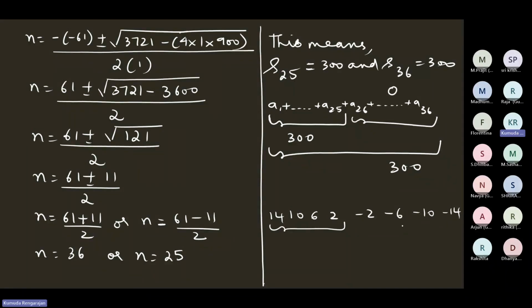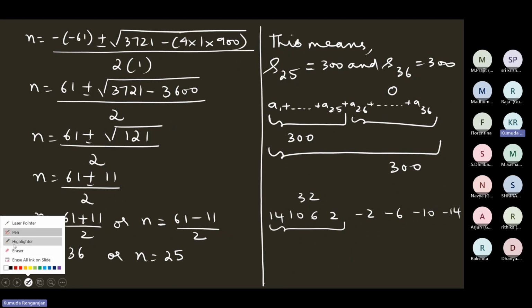It's reducing. Now, what is the sum of these 4 terms? 14, 24, 30, 32. 32. Correct? What is the sum of all the terms from here to here?